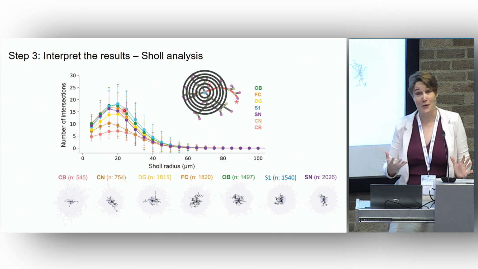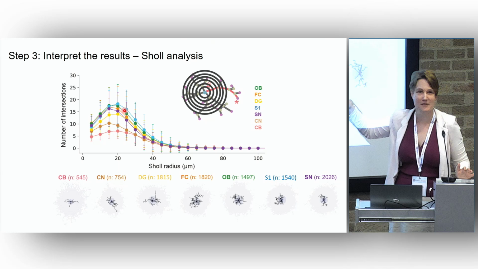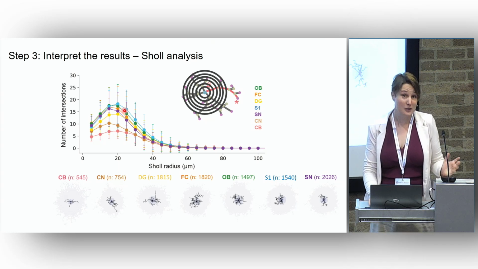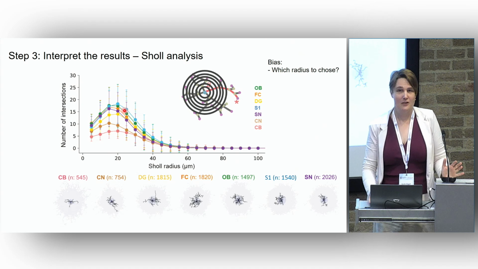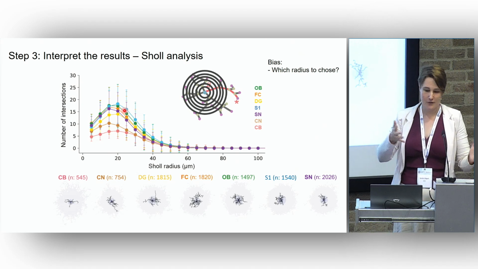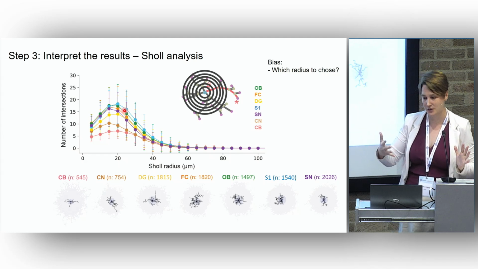Furthermore, we have a huge error bar. This is standard error, not standard deviation, and it really bothered me. It also bothered me that we don't know which radius to choose. In the literature you can find everything from 1 micron to 10 microns, and each of these choices has an influence on the result.